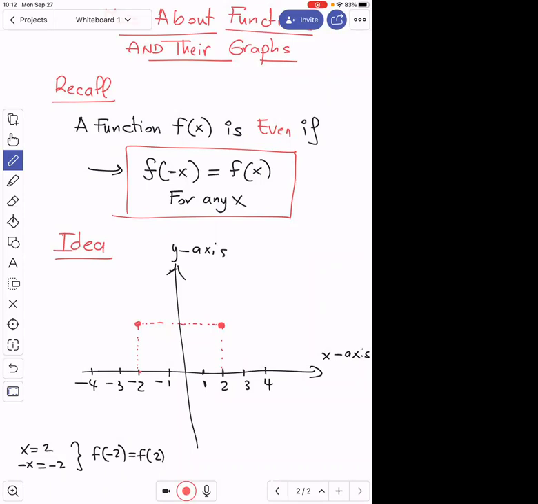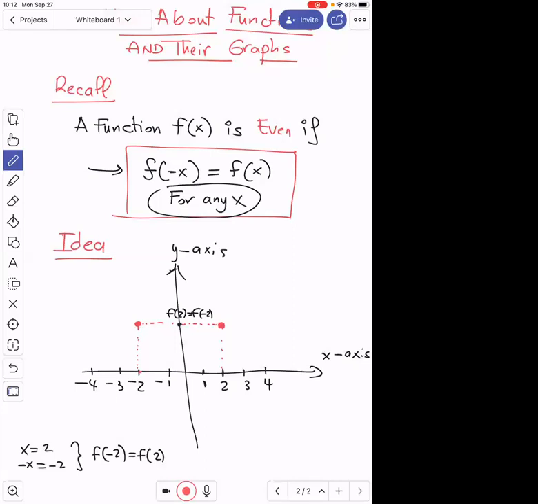As you can see, this is f of 2 or f of -2. So 2 and -2 have the same output y, and this is true for any x, not just for x equal to +2.